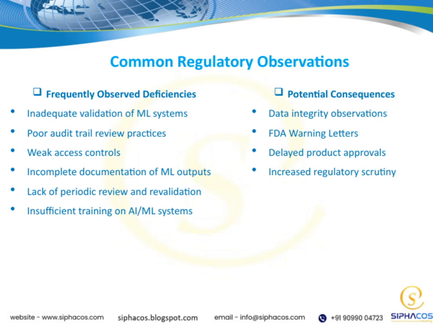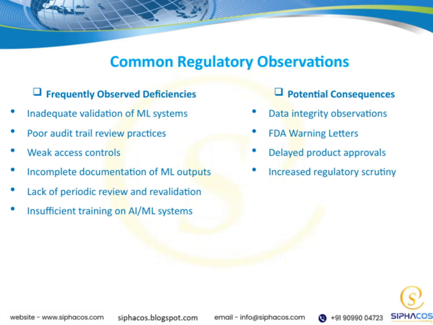We also face increased regulatory scrutiny, meaning that oversight becomes more intense, with more frequent inspections and tighter requirements. Now, connecting these points to the overall theme, it's clear that regulatory compliance isn't just about avoiding penalties. It's about ensuring the safety, efficacy, and reliability of our products.